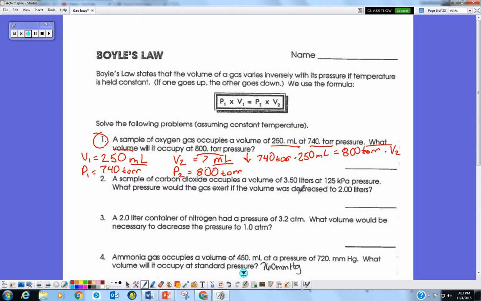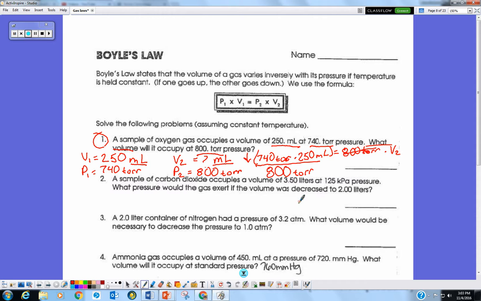So just looking at this problem, setting it up, if I divide both sides by 800 torr, it cancels out over here. So essentially we have 740 times 250 divided by 800.